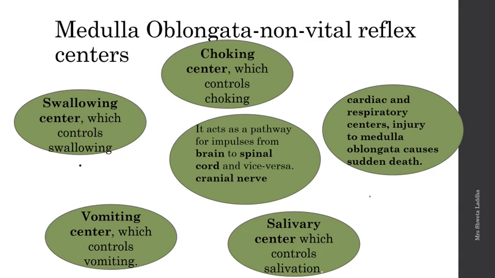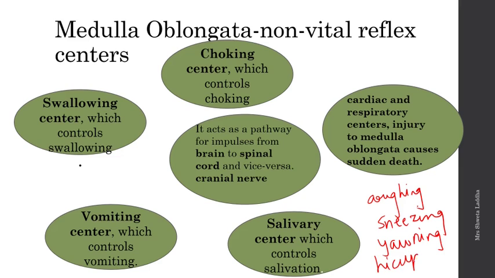Other than this, it has coughing center, then it has sneezing center, then all the involuntary reflex activities like yawning, or we can say hiccuping, these are also controlled by medulla oblongata. So swallowing, choking, vomiting, salivary center, respiratory, cardiac center, and also the coughing, sneezing, yawning, hiccuping, such type of non-vital reflex activities are controlled by medulla oblongata.